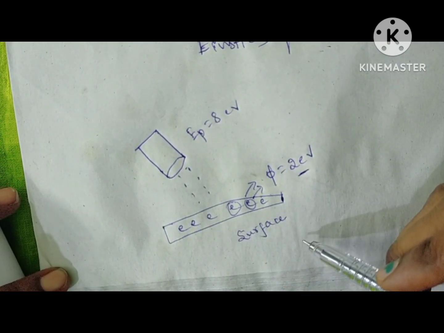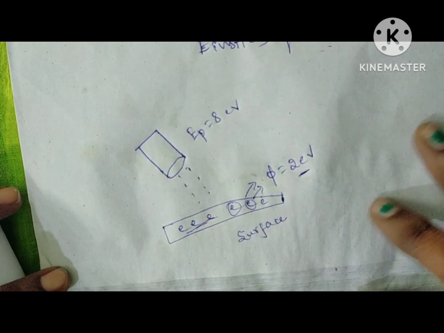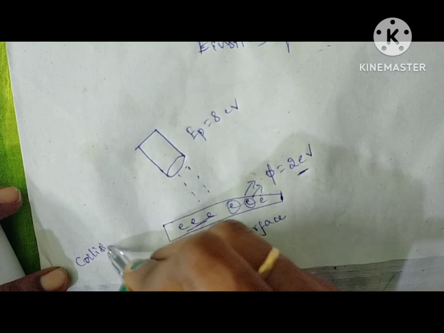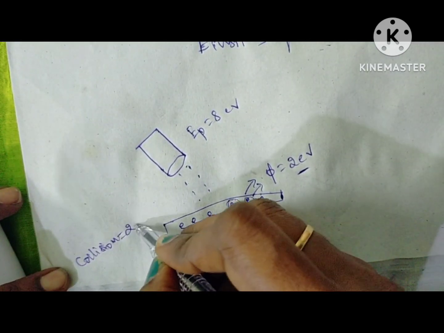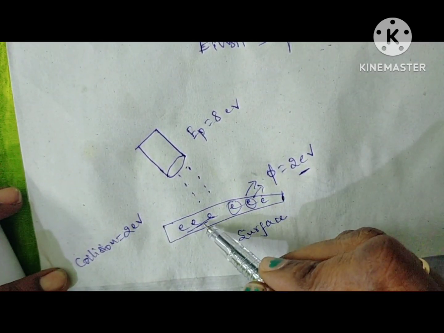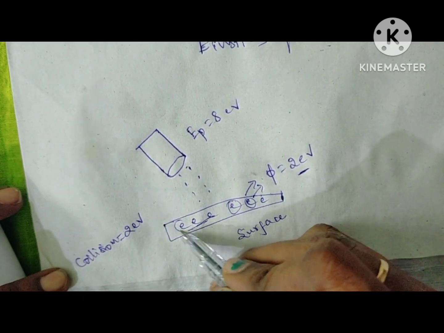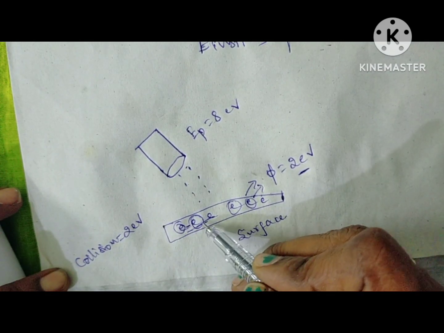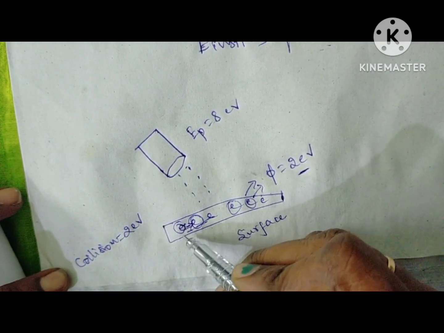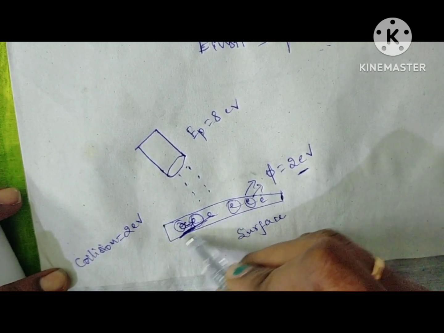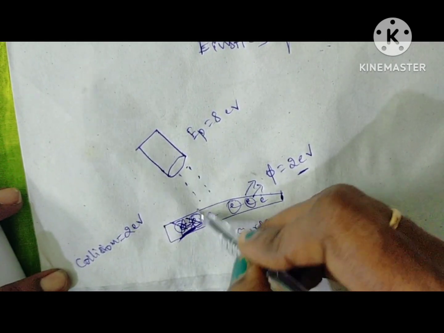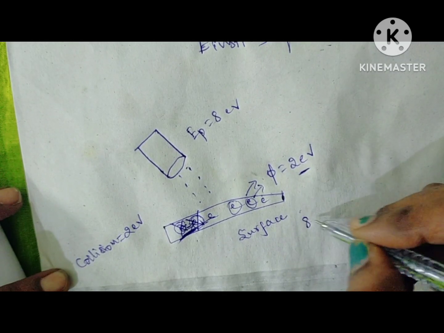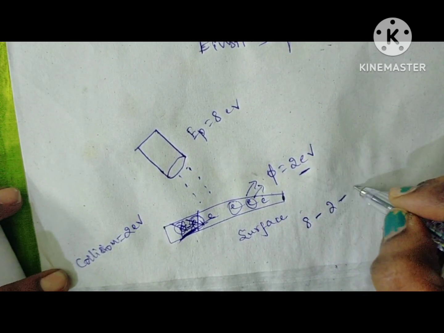So what about the remaining electrons? In this question we have collisions. How many collisions? 2 electrons. So with this collision we wasted 2 electrons. Between the collisions of the electrons, 2 electrons are wasted. That's why we lost 2 electrons. So the final solution is 8 minus 2 minus 2.